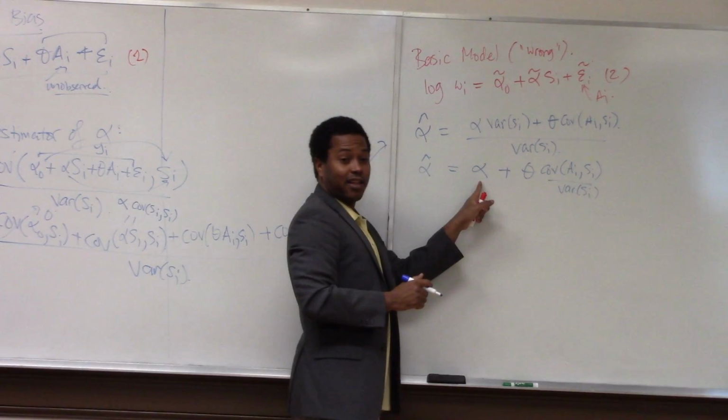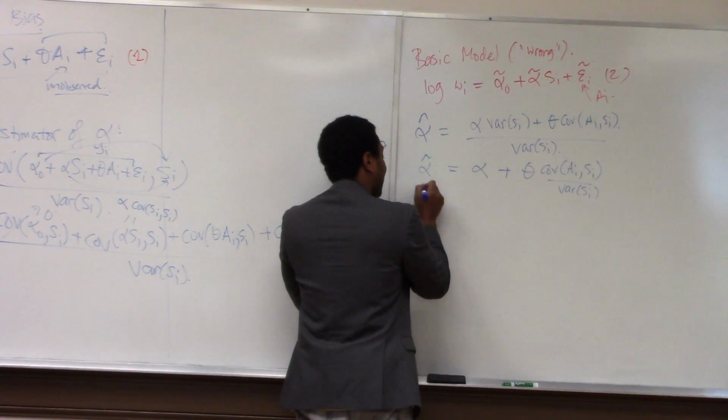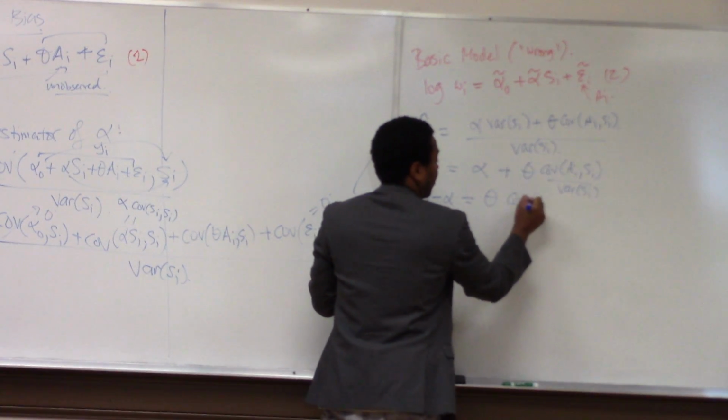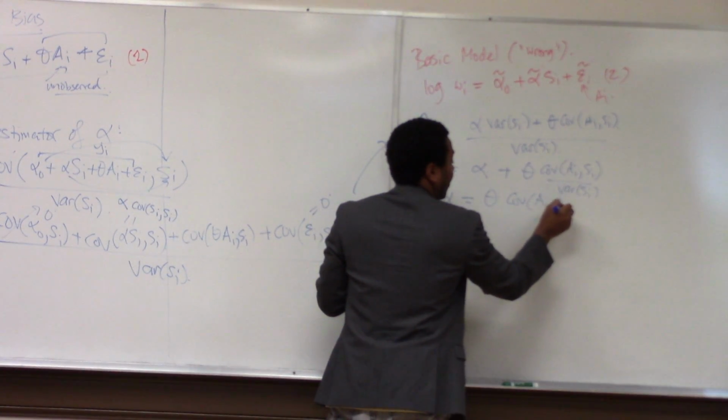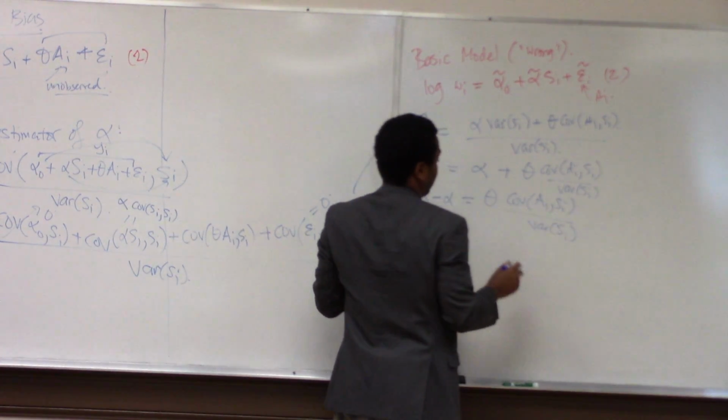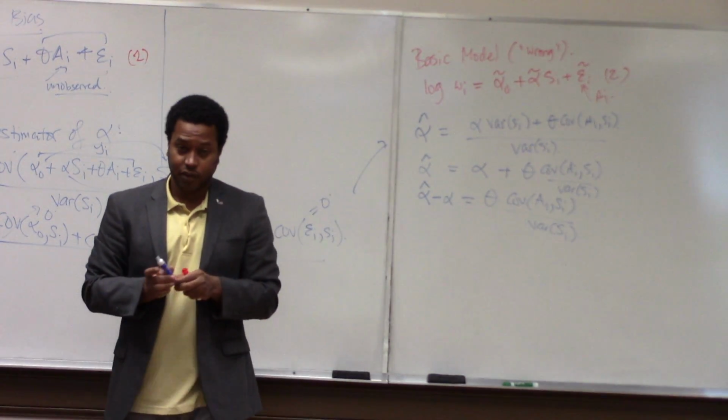So now we can take this alpha over to this side here. We get alpha hat minus alpha is going to be equal to theta times the covariance of AI and SI over the variance of SI. Let's stop here for a minute and ask, what do we do?